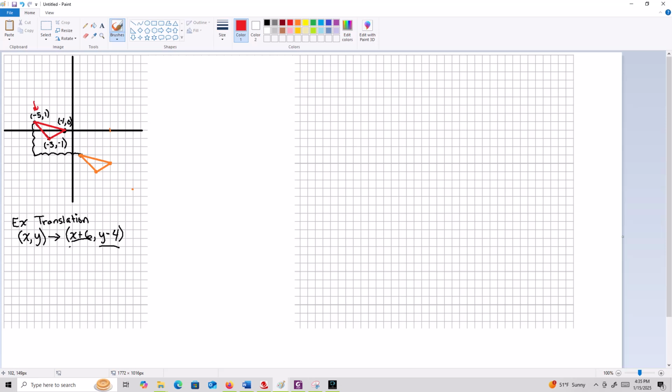The translation could be described as (x, y) translates to (x + 6, y - 4). So on the y-axis we did 4 jumps down, and then on the x-axis we did 6 jumps right because it's plus 6, and we end up with this point right there.